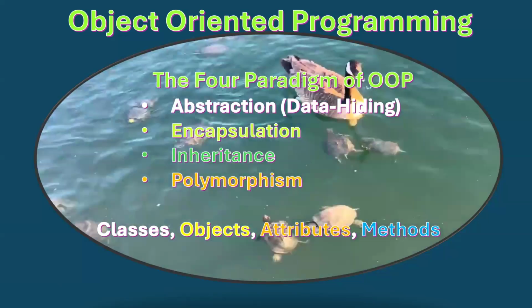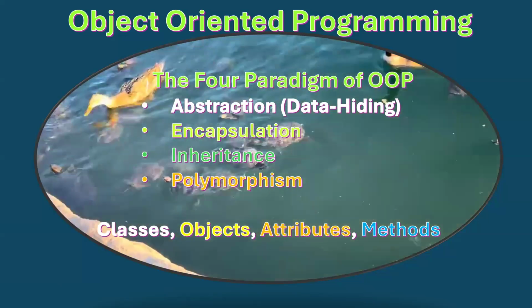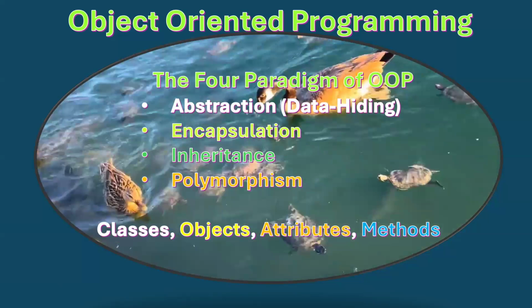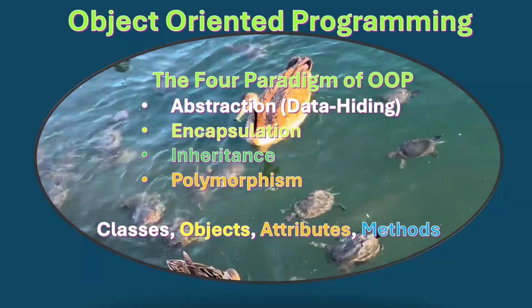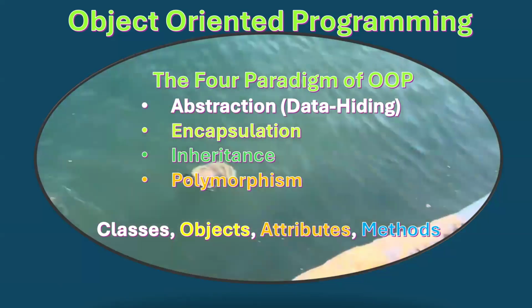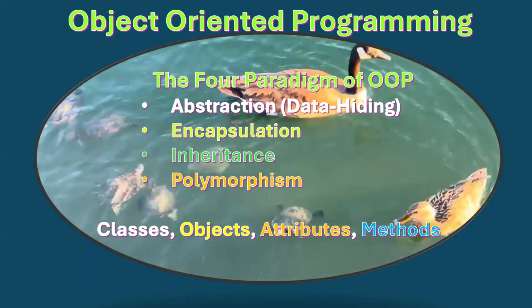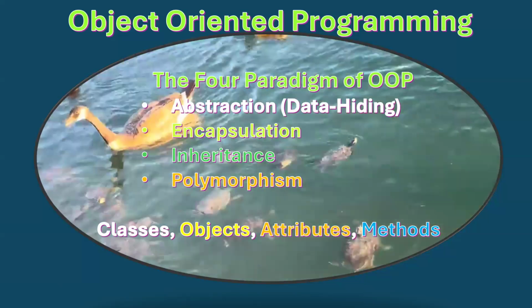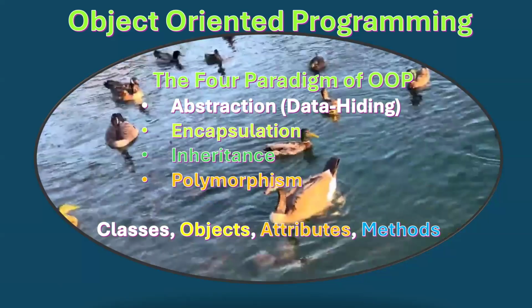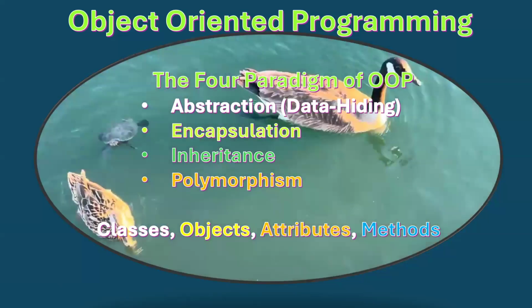So each object is instantiated based on the class that you have, and then encapsulated into an object. When you define an instance of a class, an instance of a class is an object. So when you create an instance of a goose or a duck or a turtle, each one of them you have to instantiate.